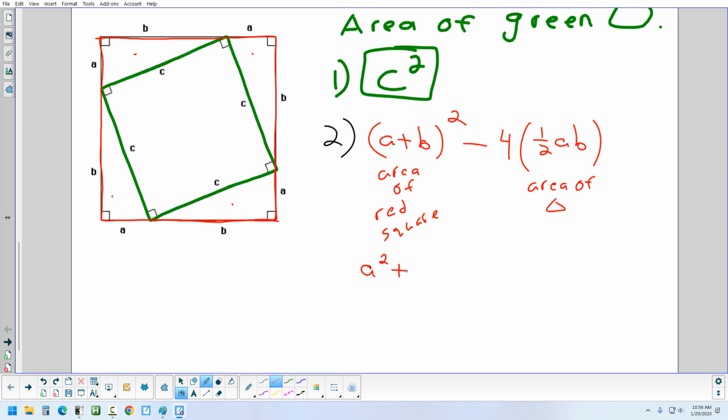Yes. Good. A squared plus 2AB plus B squared minus what's going to be subtracted when you multiply 4 times 1/2 AB? 2AB. Yeah, I'm going to subtract 2AB.